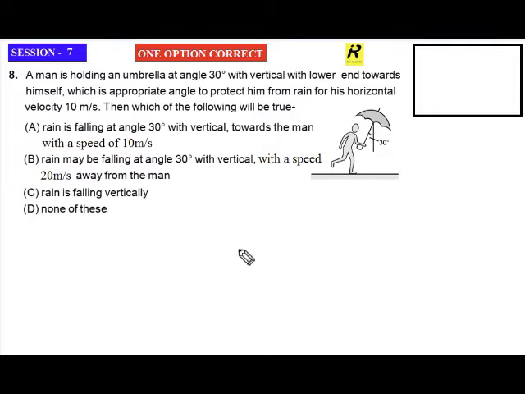So this is the forward direction, which will make an angle 30 degree with the vertical, and this is rain. We already know the man is moving forward with some velocity like this.